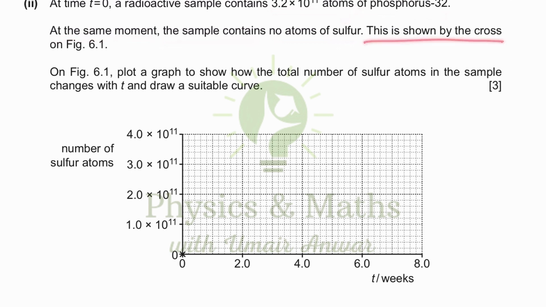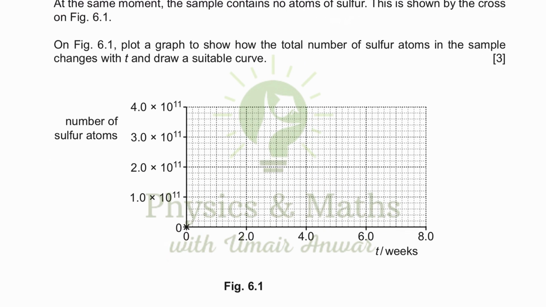This is shown by the cross on figure 6.1. So this is the cross which shows that the number of sulfur atoms at time t equal to 0 is 0. There is no sulfur atom present. On figure 6.1, plot a graph to show how the total number of sulfur atoms in the sample changes with time, and draw a suitable curve.